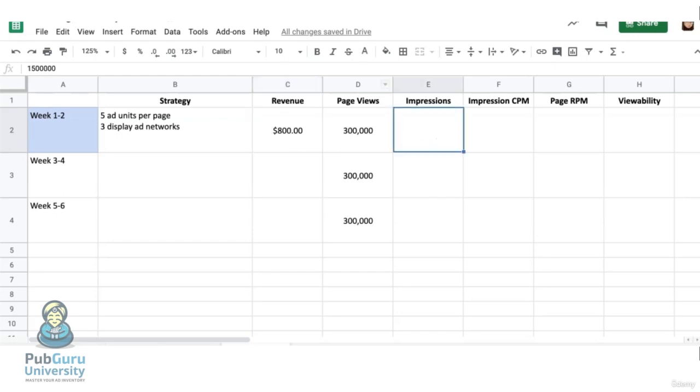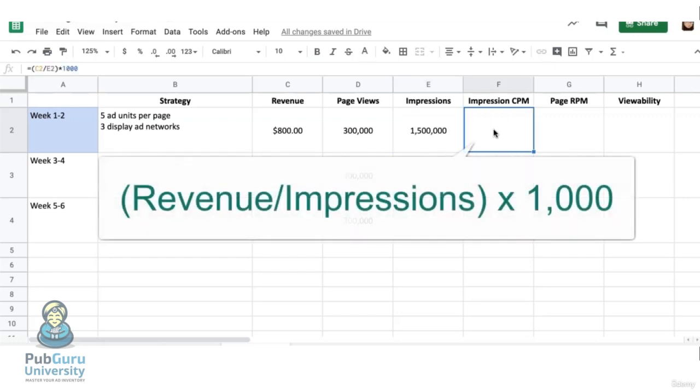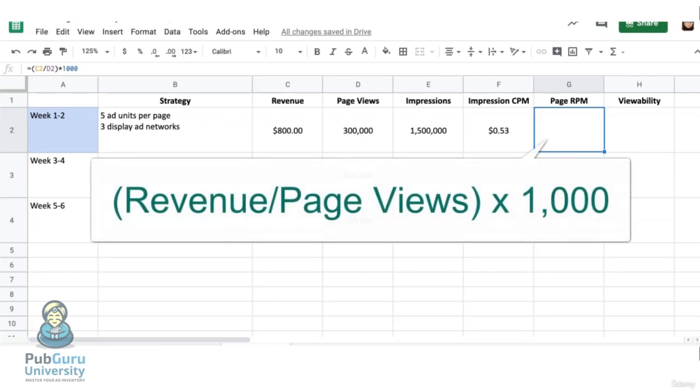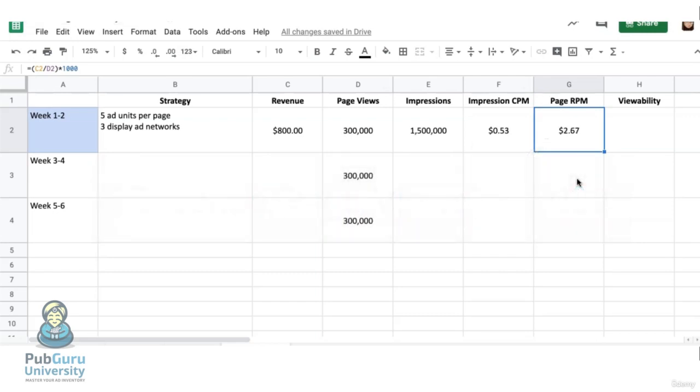And then you're getting about 1,500,000 impressions. So your impression CPM is 53 cents, while your page RPM is about $2.67.